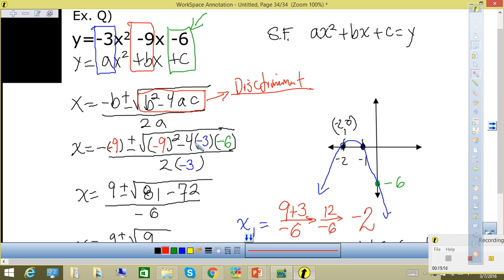If you get a positive number, you're going to have 2 solutions. If you get a negative number, you're going to get 0 solutions. But if the number is 0, you're going to get 1 solution.